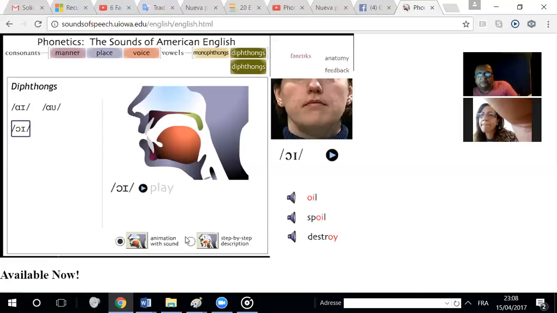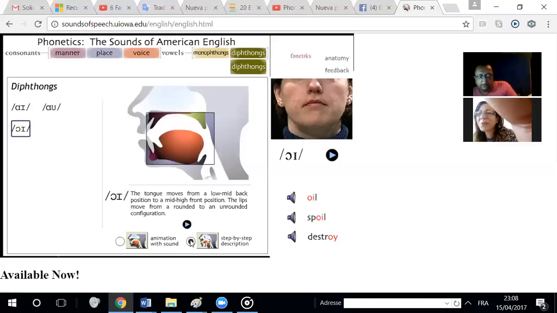Give me the description. The tongue moves from a low mid-back position to a mid-high front position. The lips move from a rounded to an unrounded configuration.